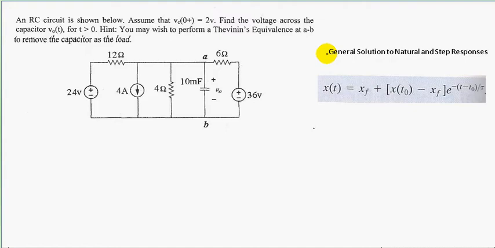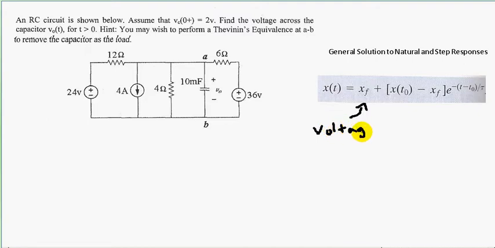In this case, this is an RC circuit, so we want to find the voltage across our capacitor. That would be our variable, our x. So we want our final voltage plus our initial voltage minus our final voltage, e to the minus t over tau. So this would be voltage, right?